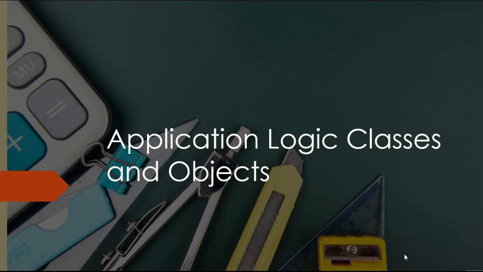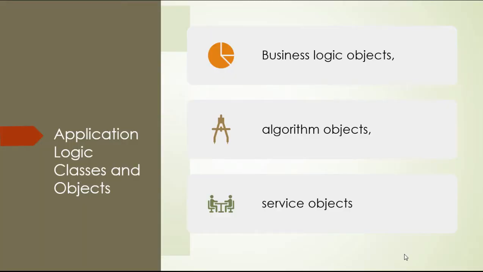We come to the last type of object and classes, application logic. Actually, when we are designing or analyzing any system, we are not only dealing with data. There is another activity that should be done by the system.